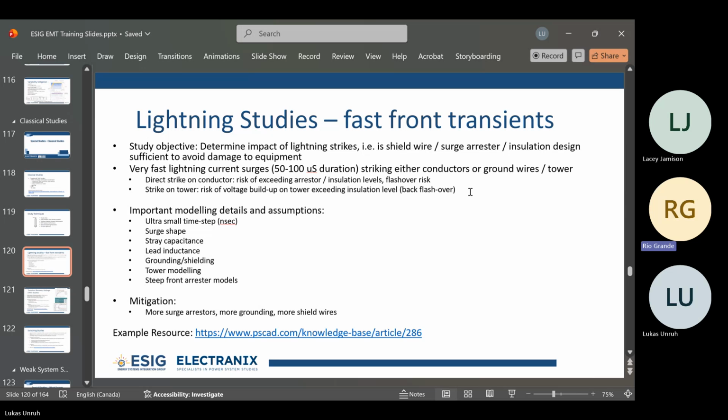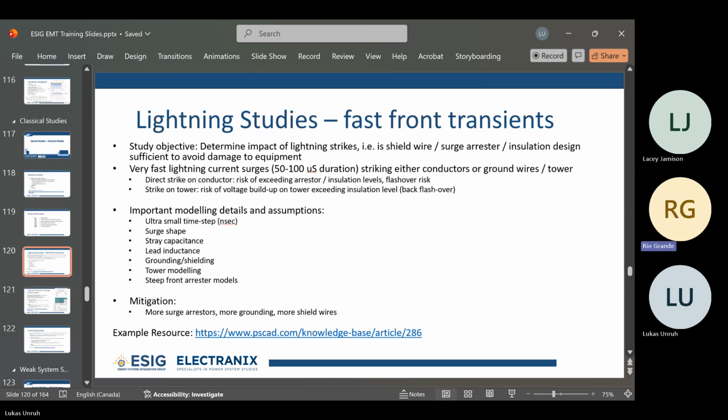Stray capacitance starts to become a really big deal. At these time steps and frequencies, any inductive element starts to look like an open circuit, basically. So your transformers, for example, you model them as open circuits and just model the capacitances instead.